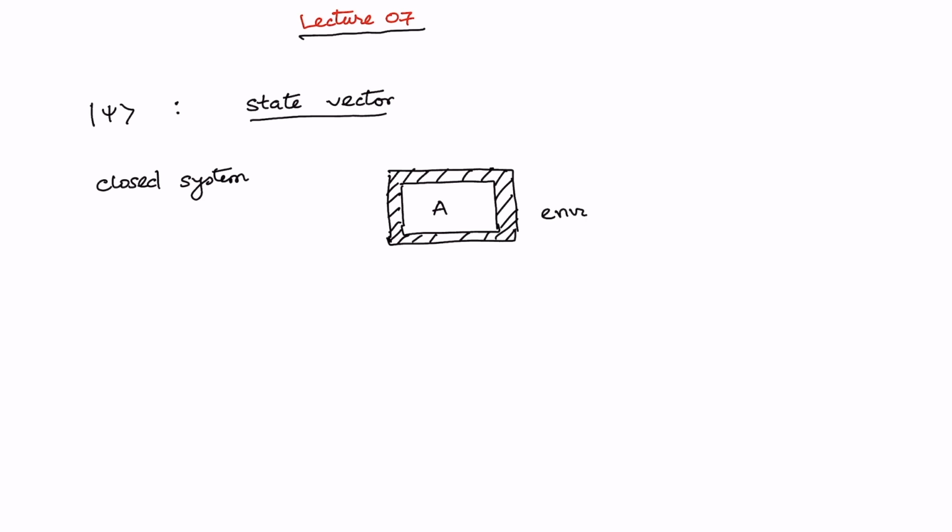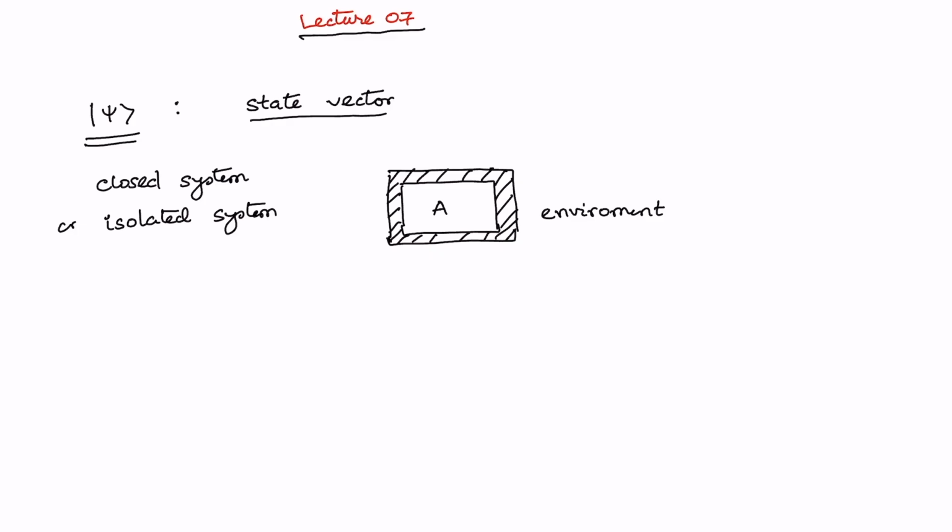That means if it is a closed system, that is, if it is not interacting with the surroundings or the environment, it is also termed an isolated system. And as we have learned, this state vector ket psi contains all the information about the system A.